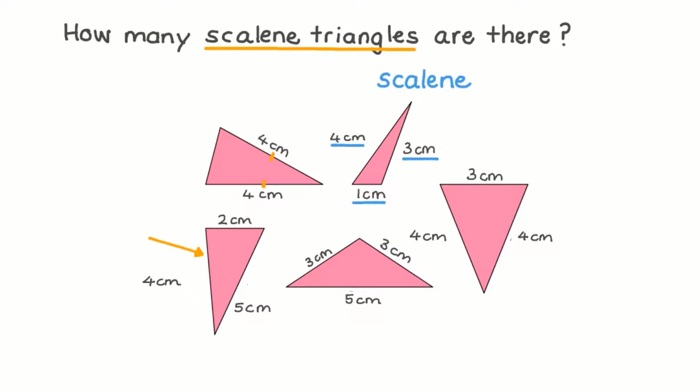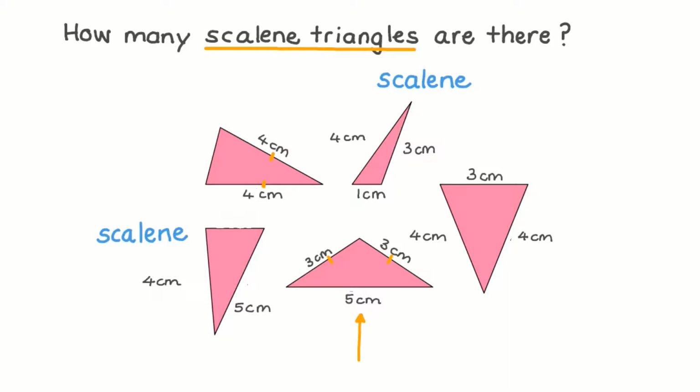Let's look at this triangle now. Its first side measures 4 centimeters. This side measures 2 centimeters. And this side measures 5 centimeters. All of its sides are different lengths. So this is also a scalene triangle. Now we've found 2. Let's look more closely at this triangle. We can see that two of its sides are equal in length.